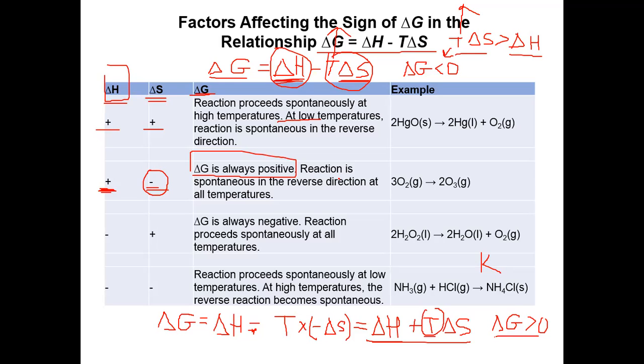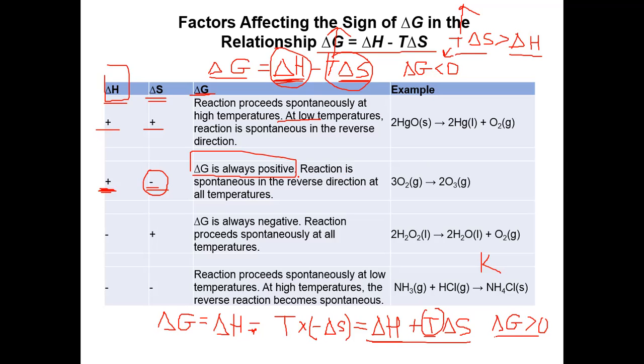So that's the situation when delta G is positive. When it's more than 0, it's not going to happen by itself. It means that you need to spend some energy all the time in order to make the process happen. You need to remember that delta G positive means that the process is non-spontaneous.